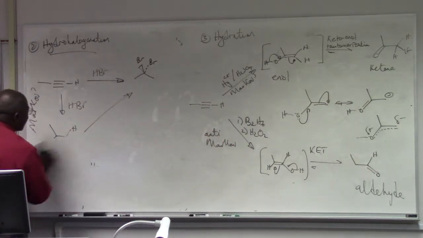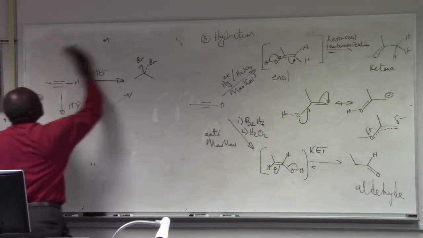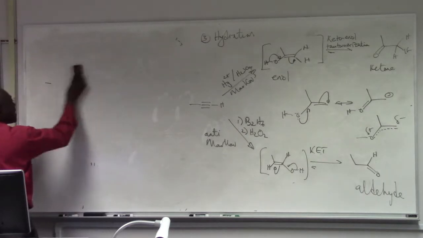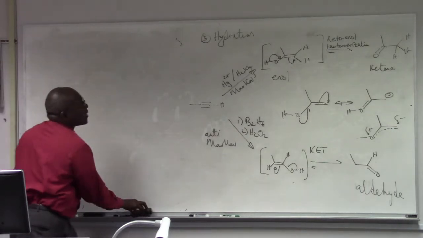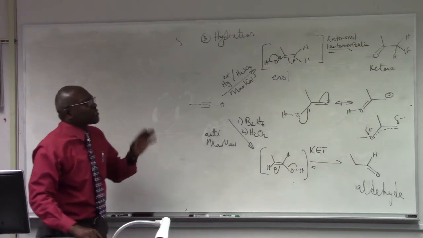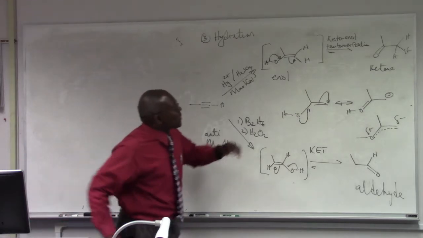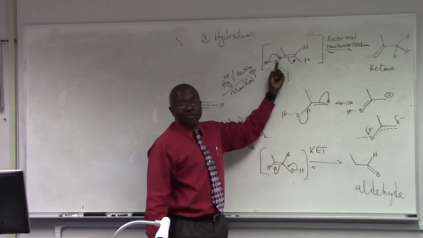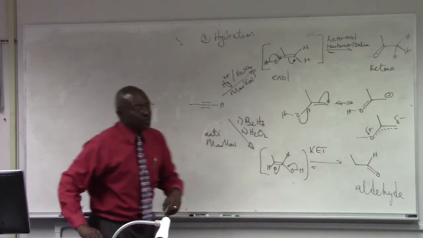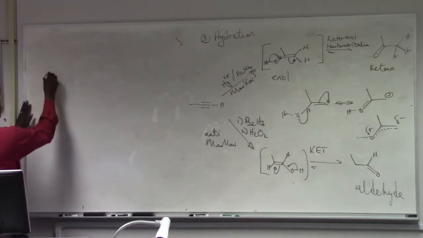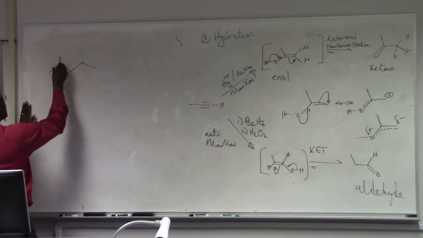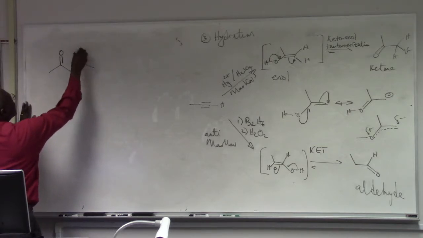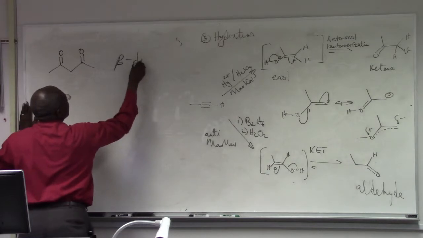So normally then, the keto version is much more stable unless, and this is interesting, unless there are structural features in the enol that stabilize either the double bond and/or the OH group. And there are two examples we're responsible for. One example are compounds called beta dicarbonyls.